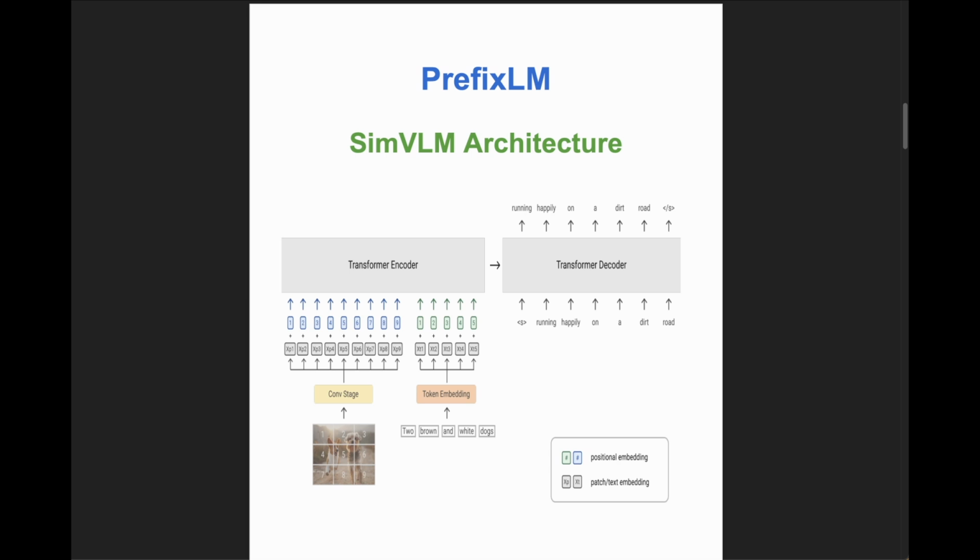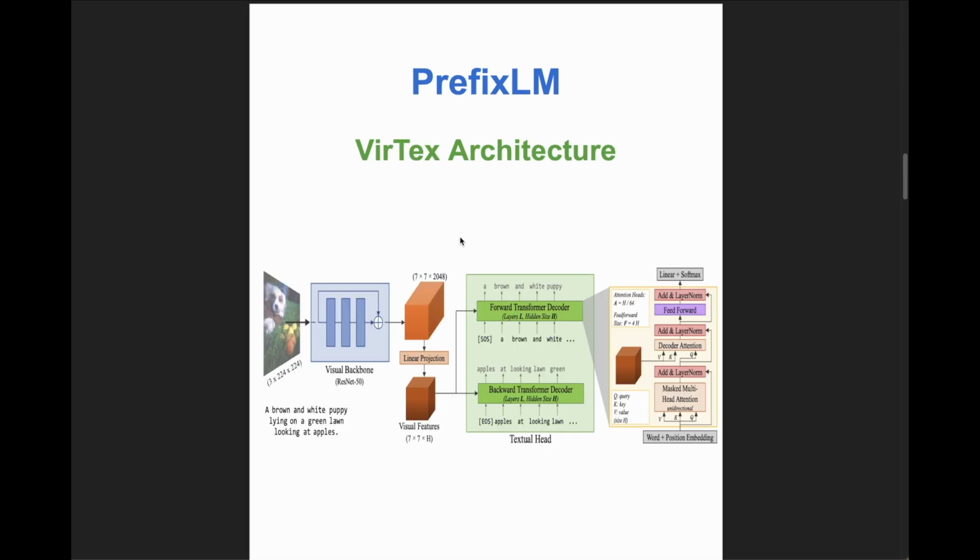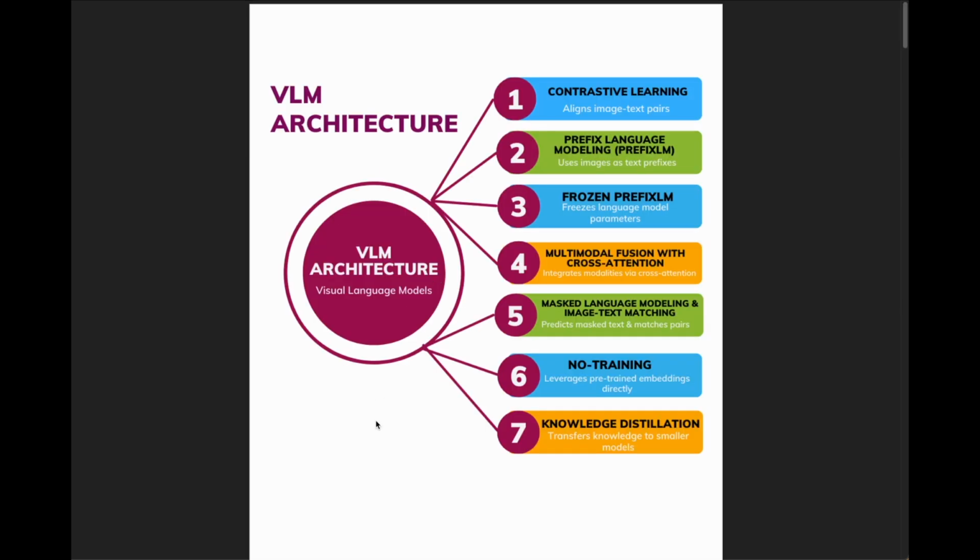Similarly, if you see ViTs, it uses a convolutional neural network to extract the image features and textual heads with the transformers to manage the text prefixes. You can train the model end to end to predict the correct image captions by feeding image text pairs to the textual head.